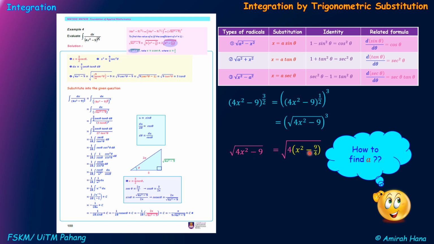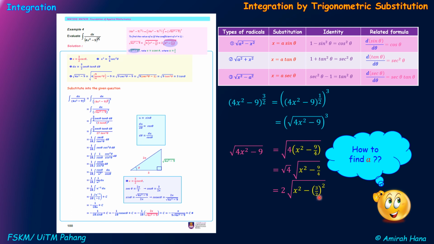So we factorize the coefficient of x², and we get this. And then under properties of surds, if it is multiplication, we can split it. So we get the square root of 4 times the square root of x² minus 9 over 4. The square root of 4 we can simplify to 2. And then the square root of x² minus 9 over 4 we write as a bracket squared, so inside the bracket it becomes 3 over 2.